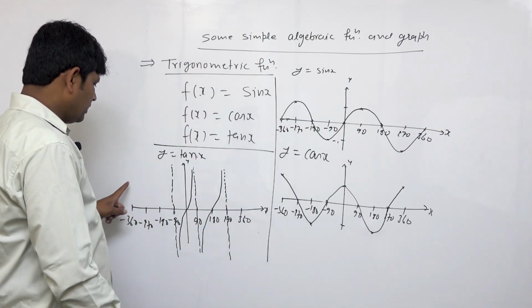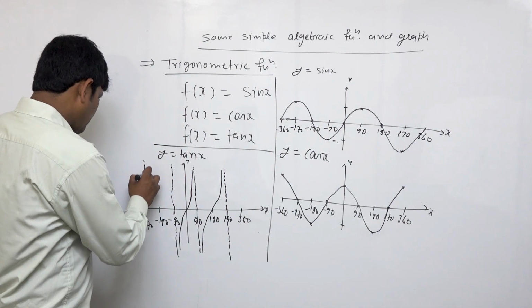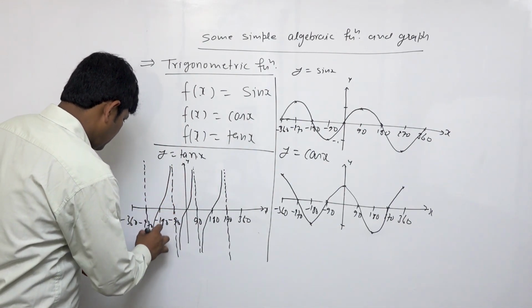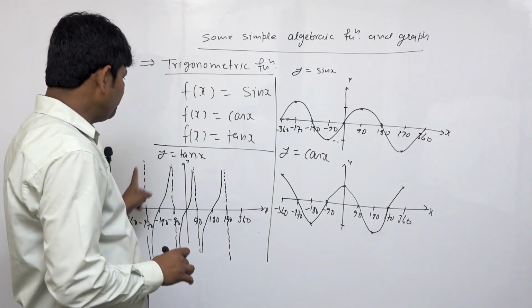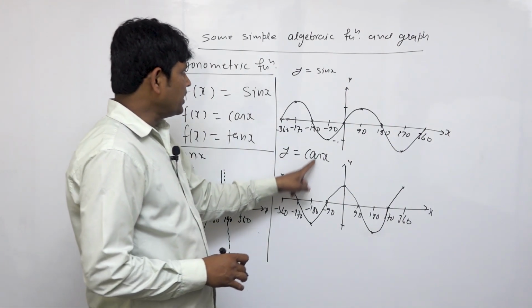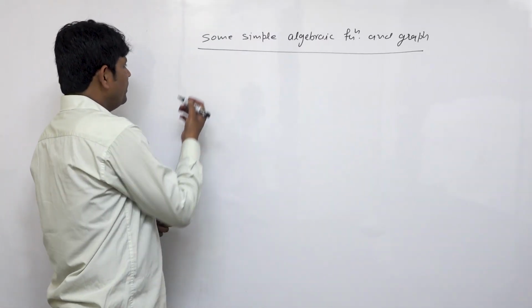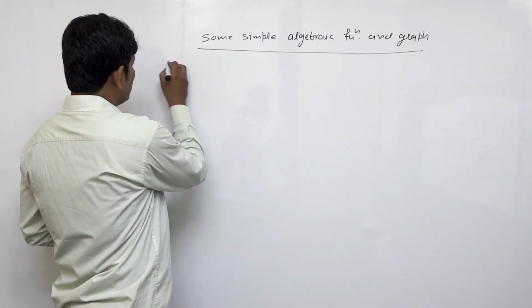Similarly, on the other side the graph will go the same way. So this is the graph of tan x, this is the graph of cos x, and this is the graph of sin x. Okay, now another function is the exponential function.